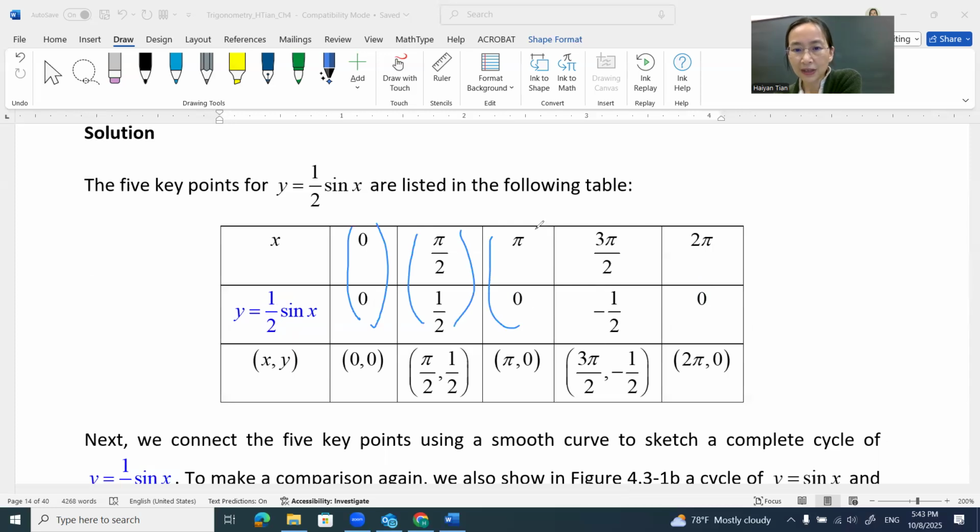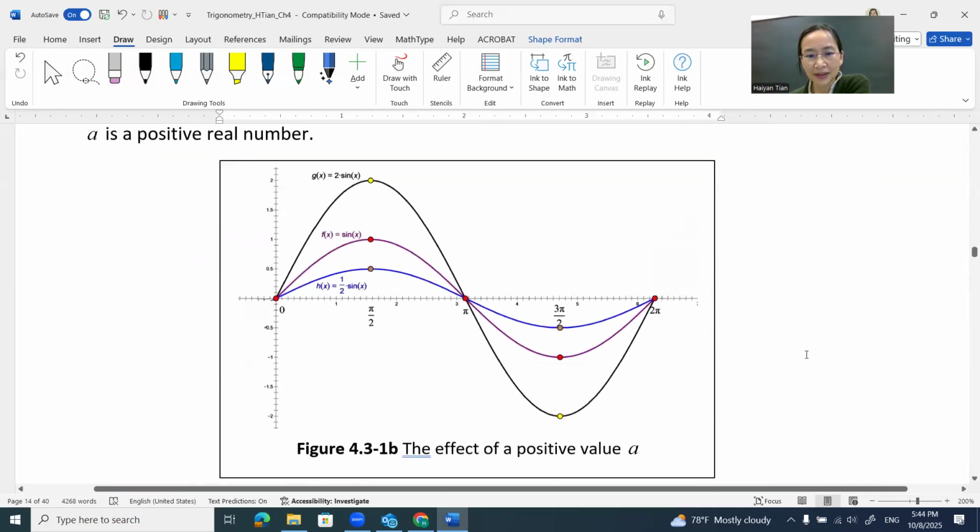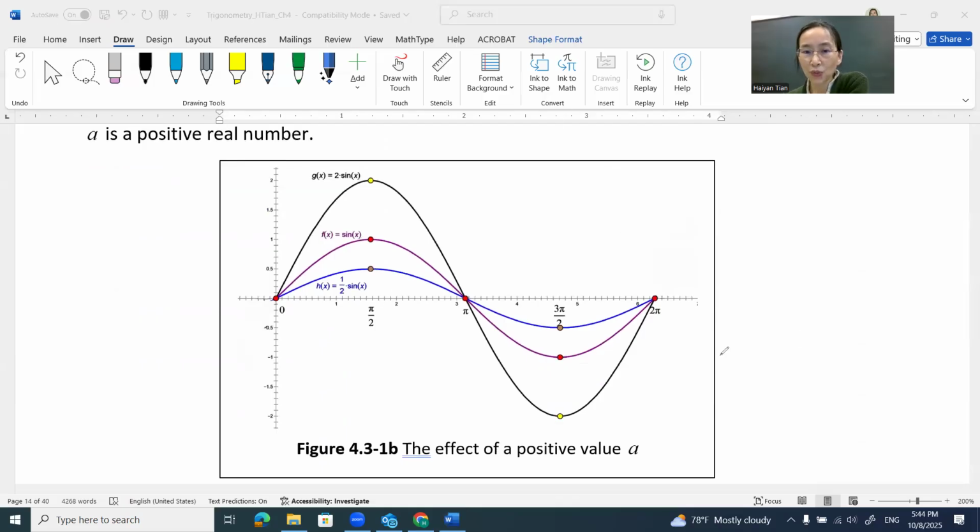And then the 5 key points will become the first pair, second pair, third, fourth, fifth. We have 5 points. Key points allow us to do a sketch of this. And we notice 3 curves. Which one is the basic?